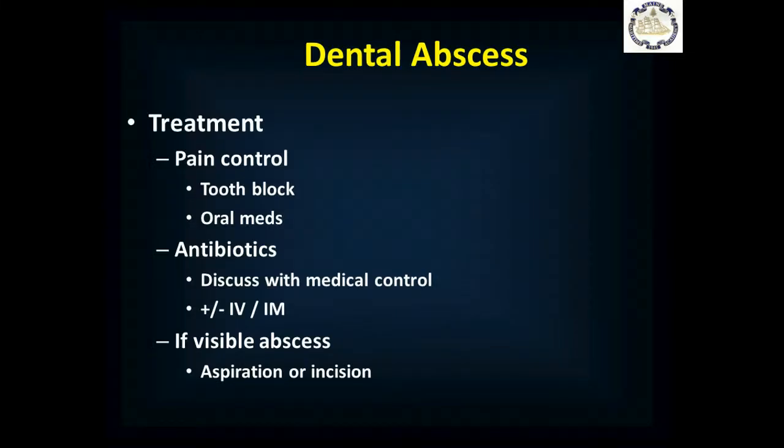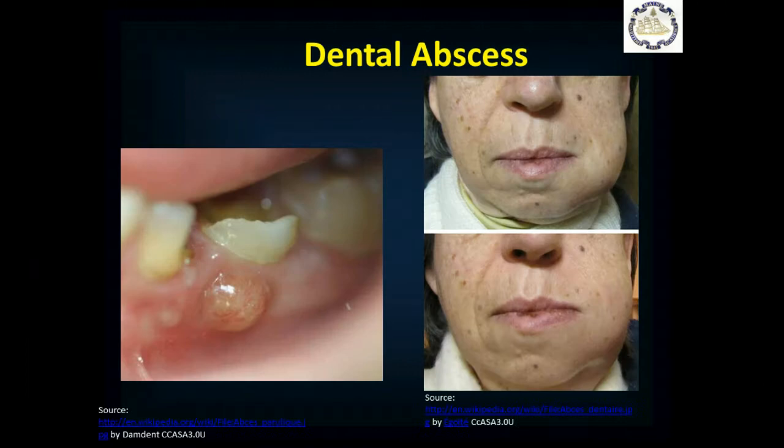So the treatment is pain control. You can do a tooth block. If you look at that tooth, if you went straight down below that tooth into where the soft tissue, the mucous membrane on the alveolar ridge turns into the mucous membranes on the inside of the cheek, that's about where the nerve is to the root.